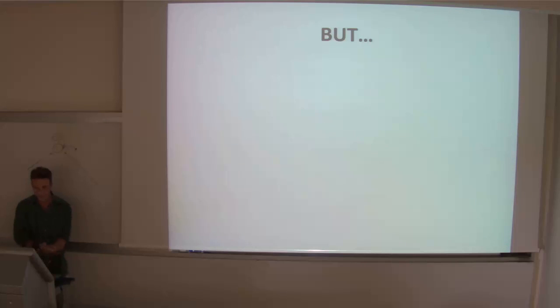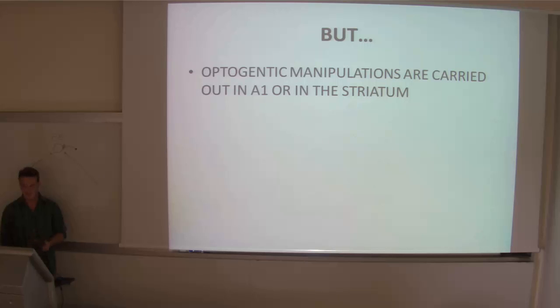However, if we go back to the general question whether indeed the projection from the auditory cortex to the striatum is the only pathway, as they showed, that helps the animal make decisions, there are some problems with how they designed the experiments.